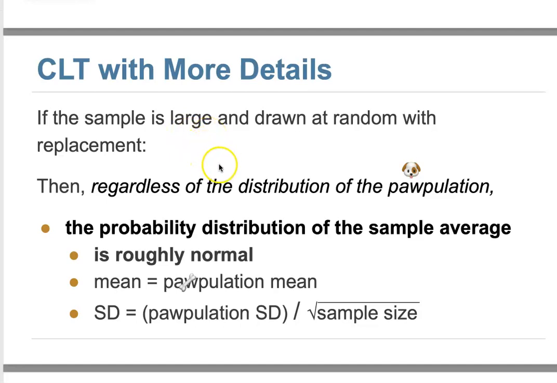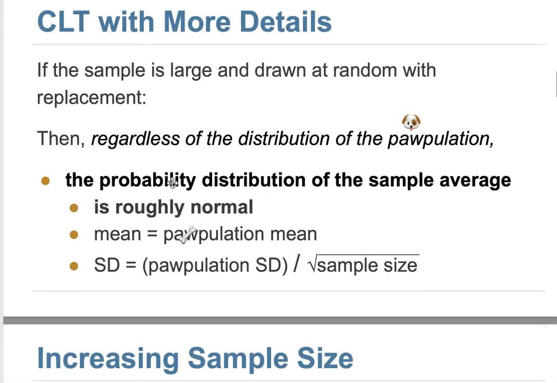Then regardless of the distribution of the population, the probability distribution for the sample average will be roughly normal. Since it is roughly normal, the mean of the sample averages will almost equal the population mean, and the standard deviation of the sample average will equal the population standard deviation divided by the square root of the sample size.